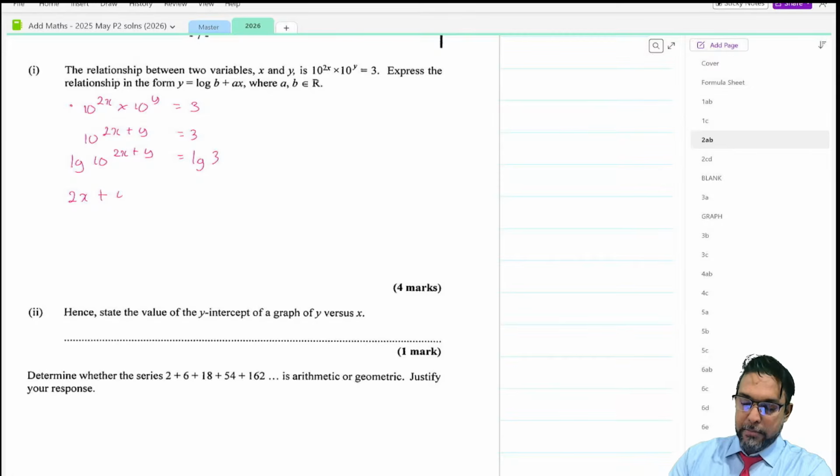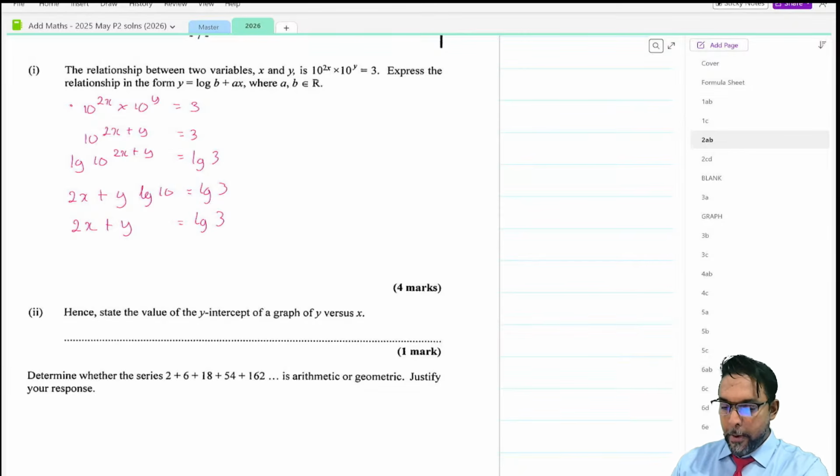So you have 2x plus y by log 10. And as we know, the log of any number to the same base is 1. So what's going to happen here is that 2x plus y is going to be equal to log 3. And then all we have to do thereafter to solve for y is quote-unquote carry across the 2x. So you'll have log 3 minus 2x.